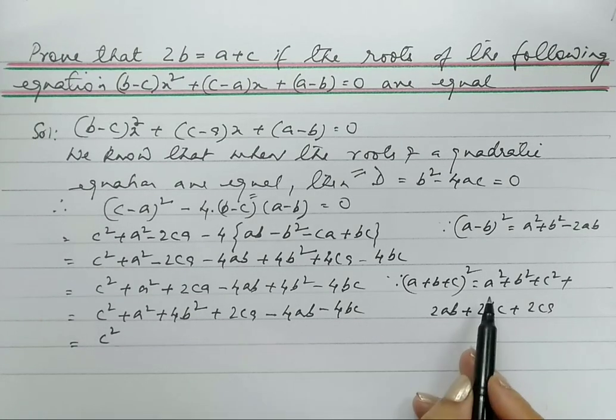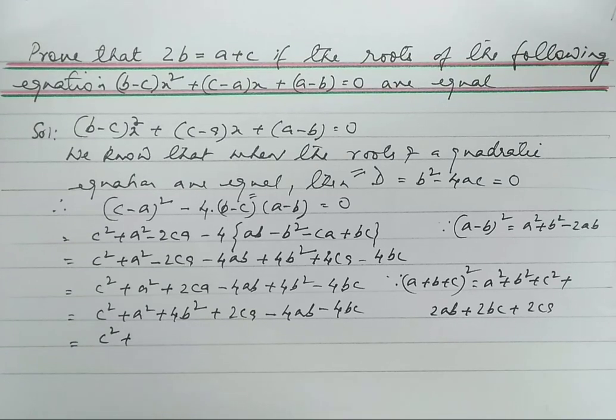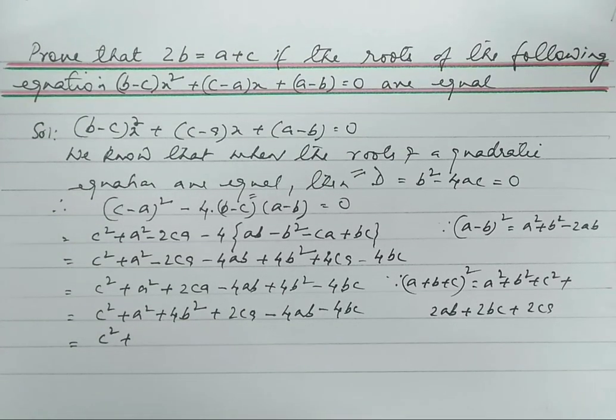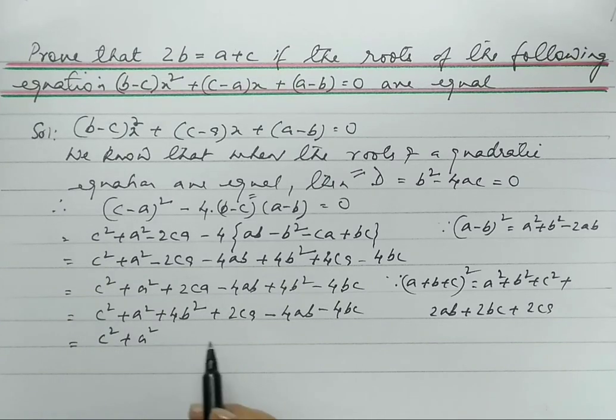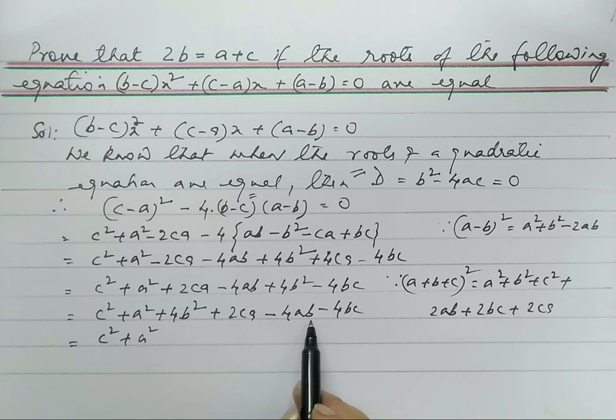While we get an A square already here, A square here, to this we have to think. Why do we have to think? Because if we notice carefully, wherever there are B's, the sign is negative.